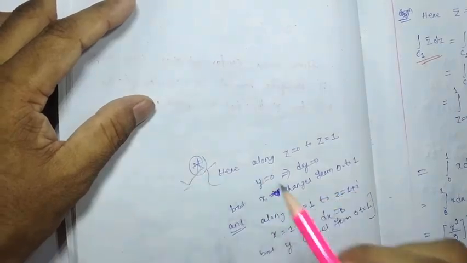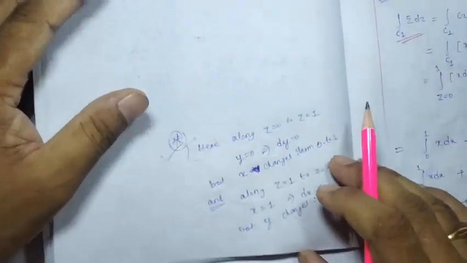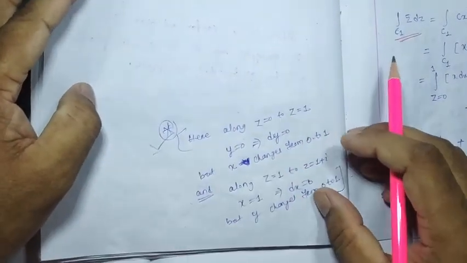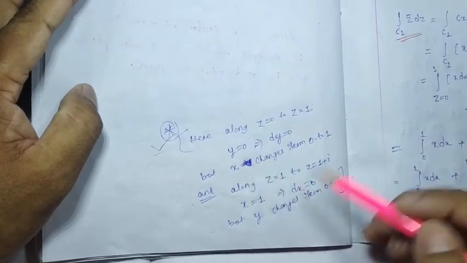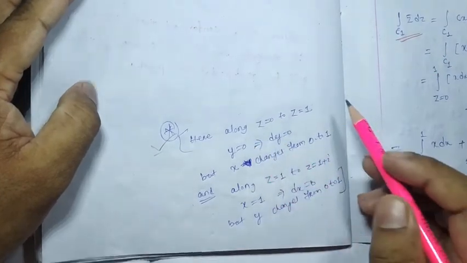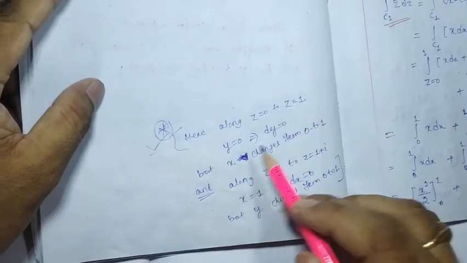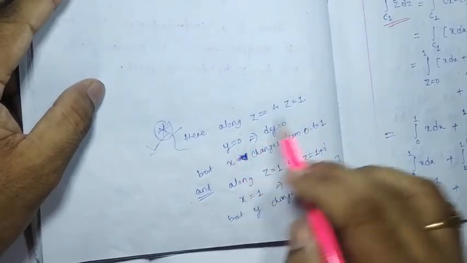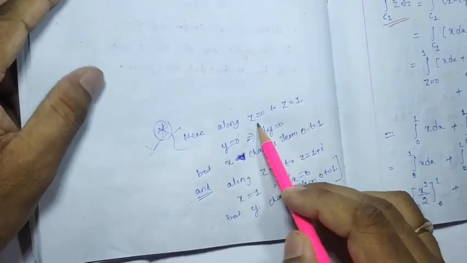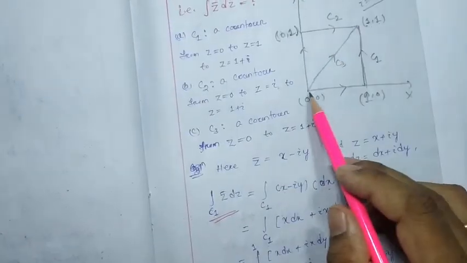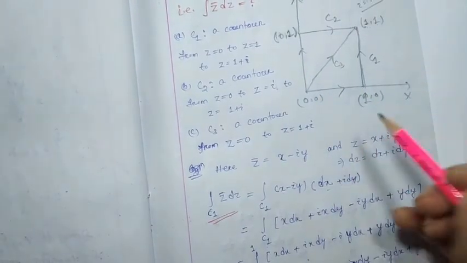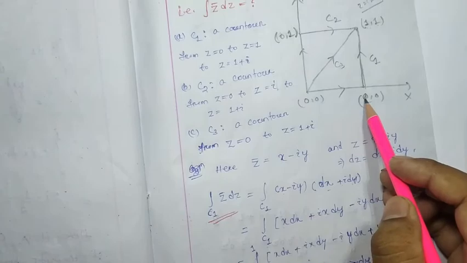Whenever you become familiar, or you practice this, then there is no need to write. That means, what changes, which one is constant, what is the value, 0, like that. Here along z equal to 0 to z equal to 1, which one changes? x changes, y value is 0.